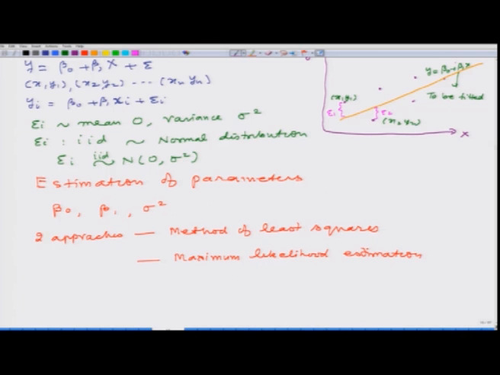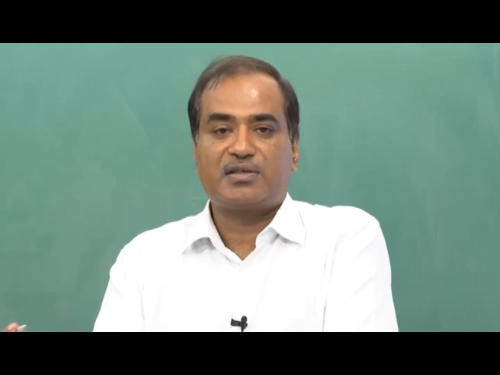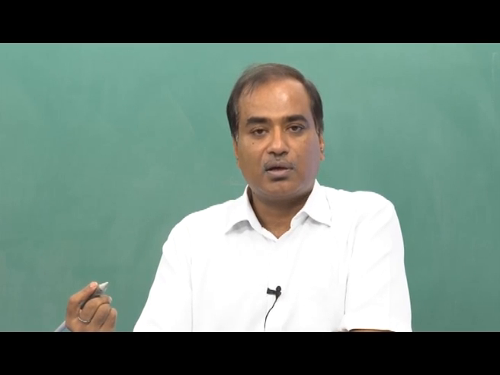So first let us try to understand what the least squares estimation is. The principle of least squares says that we try to find the values of the parameters so that the total error is as small as possible and most of the points are lying on the line.